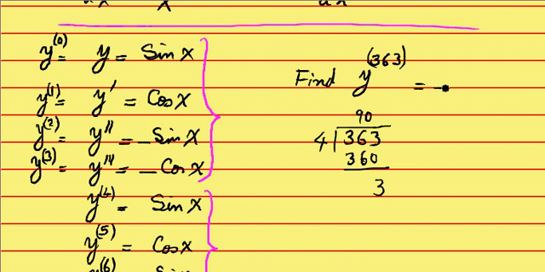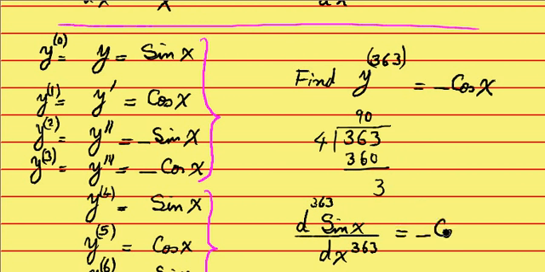So the final answer becomes minus cosine of x. To write it again, if I start with sine of x and differentiate that 363 times, I'll end up with minus cosine of x.